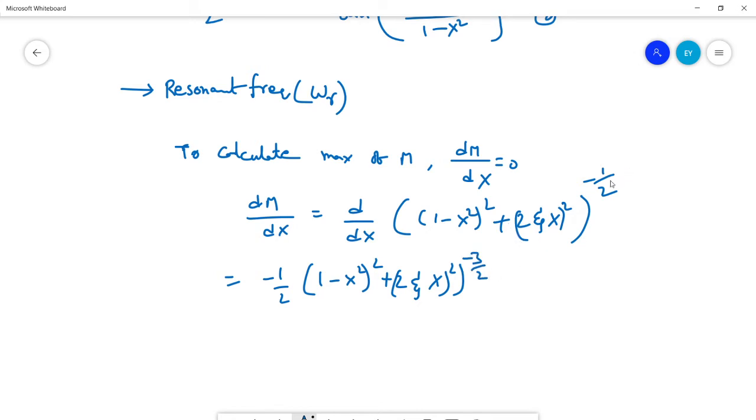So x power minus 1 by 2, you will get it as x power minus 1 by 2. So this whole thing you can take as x power minus 1 by 2. So this term will go front, and whatever the power you get is minus 3 by 2.